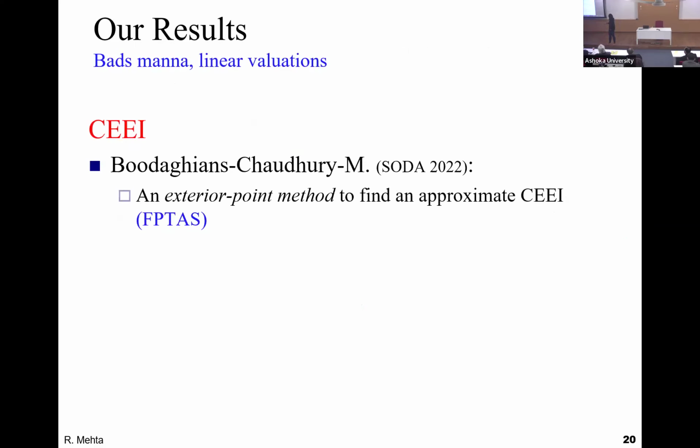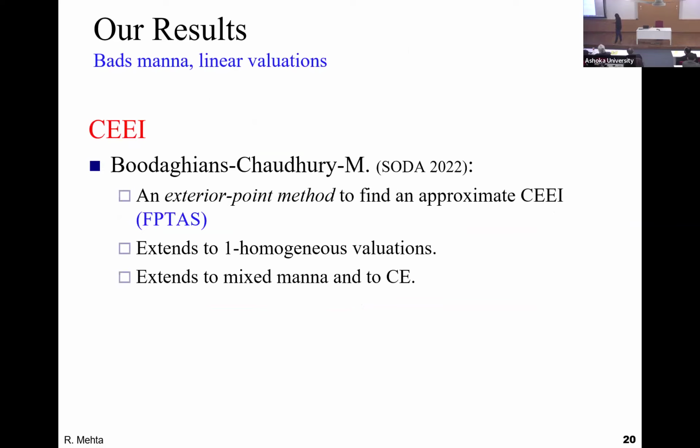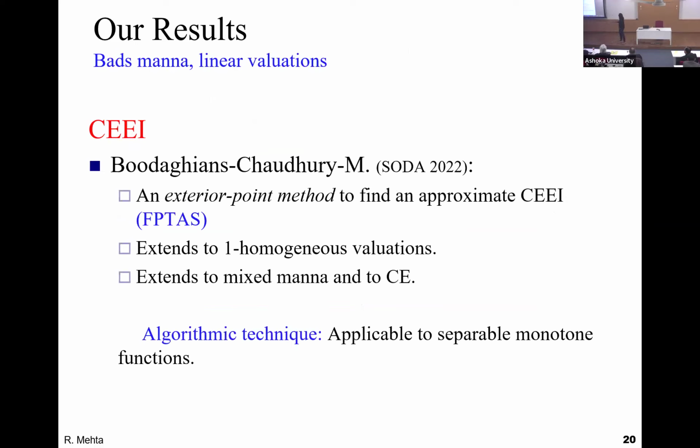And what we show is that we give a new kind of continuous method. We call it the exterior point method to find these equilibria. We start with a very simple setting of only bads and linear, and then we extend it to one homogeneous and also to the mixed manna. The main point I want to convey is this algorithmic technique, the exterior point method.